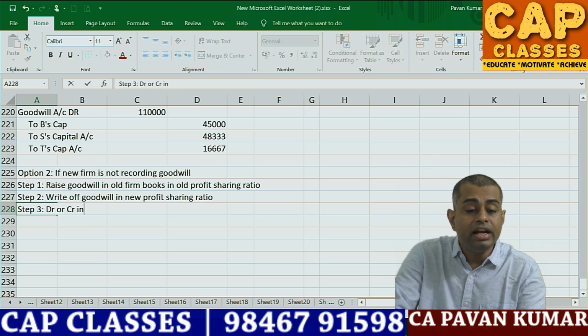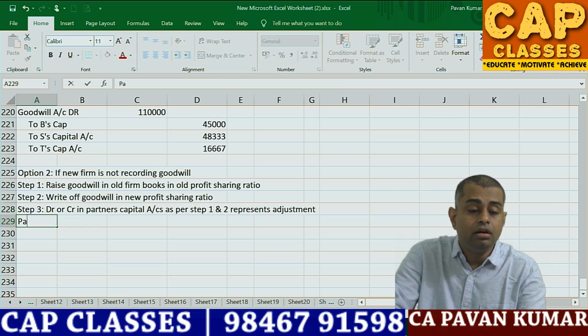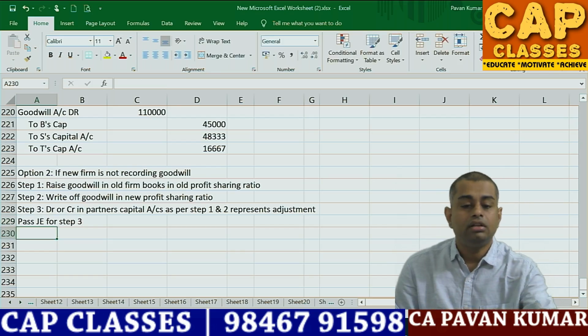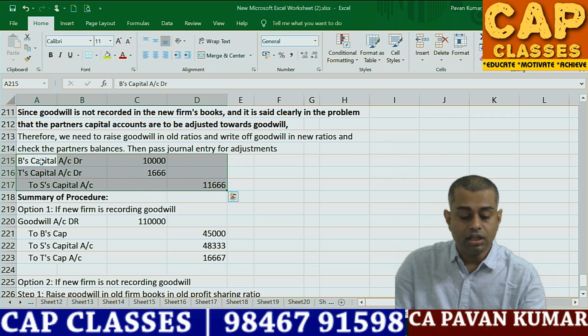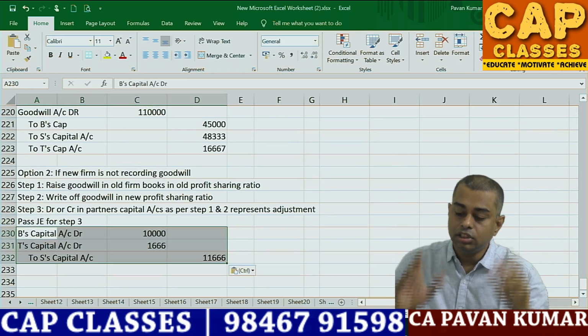Debit or credit in partners' capital accounts as per step 1 and 2 represents the adjustment. Pass journal entry for step 3. That's it. You understand? That is what this journal entry is. Then you will get this journal entry. That's all.